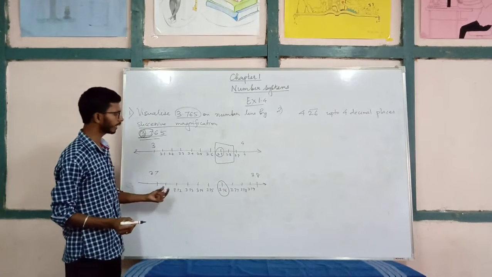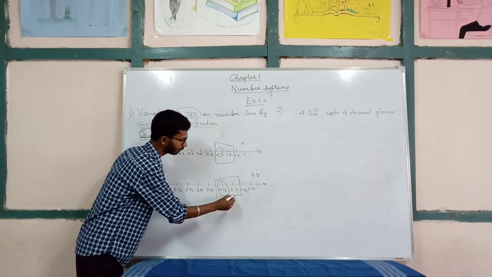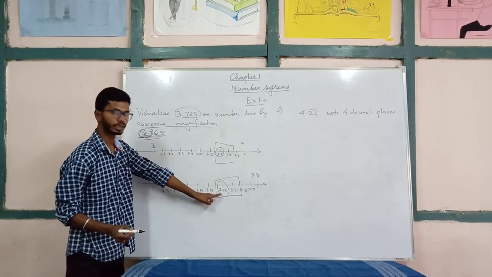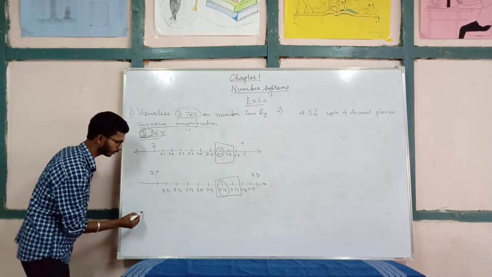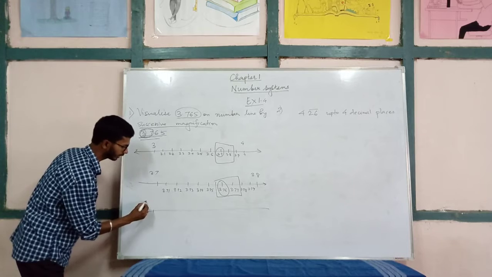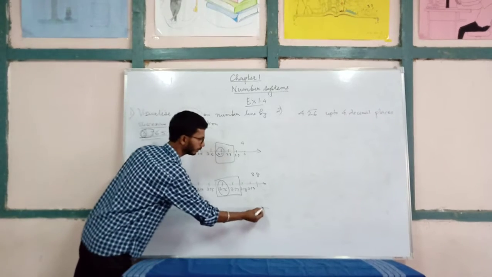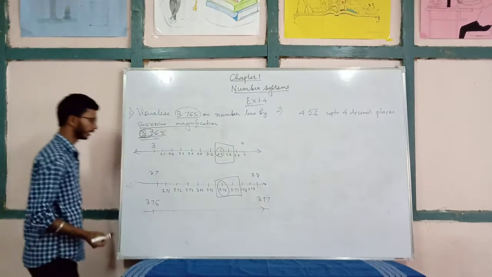So now we are going to magnify 3.76 and 3.77, meaning the decimal points between 3.76 and 3.77. We will continue in the same pattern. At one end we will write 3.76 and the other end will be 3.77. Let's magnify.